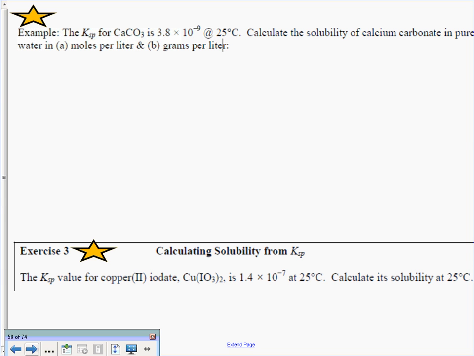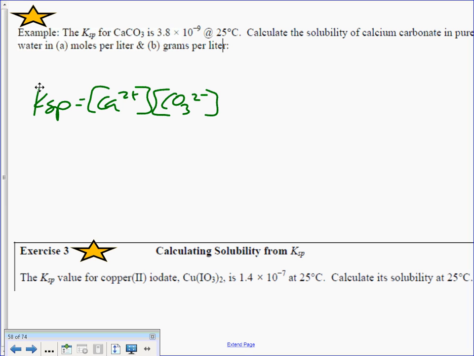So what's the KSP expression for the dissolution of calcium carbonate? What's the expression? Calcium ion times carbonate, and those are both a 1-to-1 ratio when they dissolve, right? So that's why the exponents are 1.